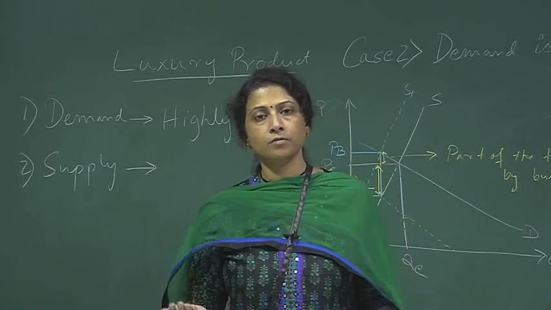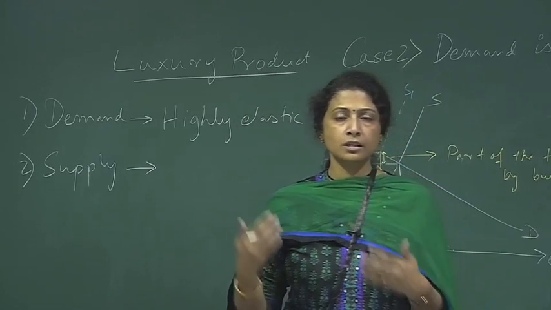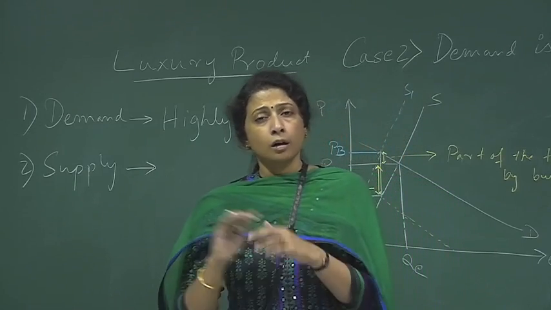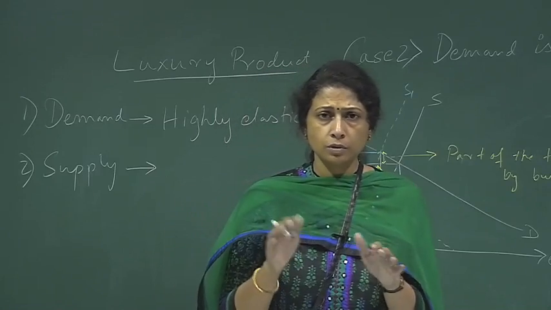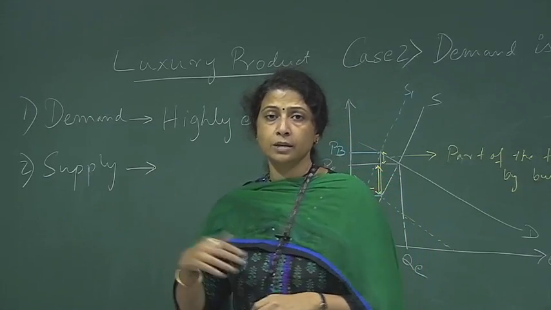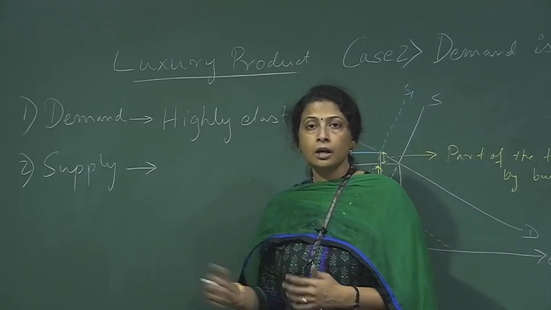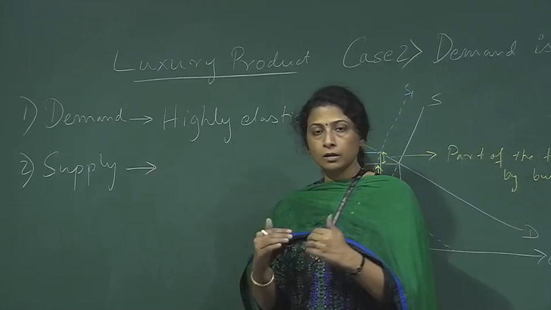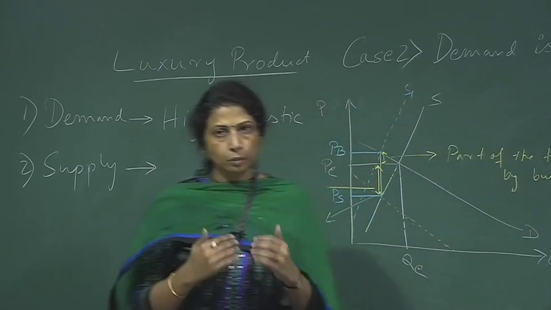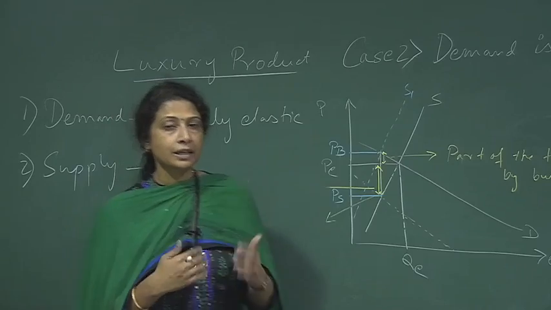Say, for example, if there is a 5-star hotel, for the maintenance of the rooms, the hotels, the taxes that they pay, I'm not talking about the per unit tax, but all the costs that are incurred by the hotels are quite high and they cannot be reduced.